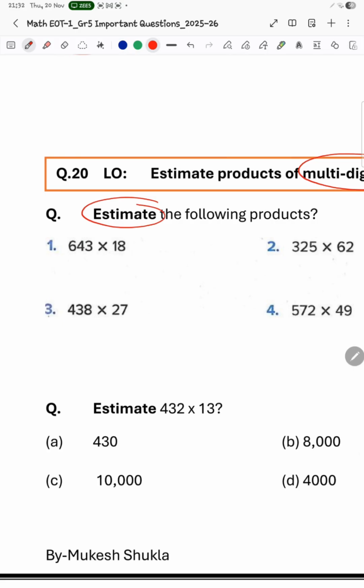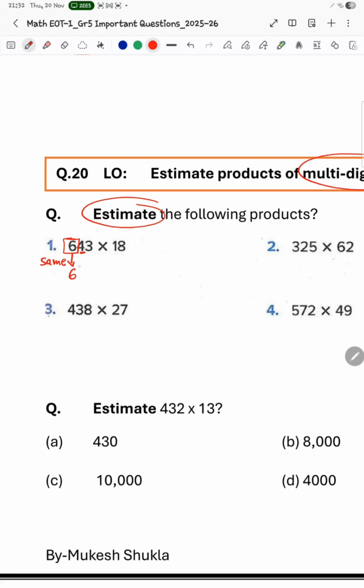So we have two factors here. To estimate this number, I will use the rounding strategy. So round this number to the nearest 100. So circle the 6 or make the 100 place in the box and look at the next digit. 4 is not good, so it will remain the same.